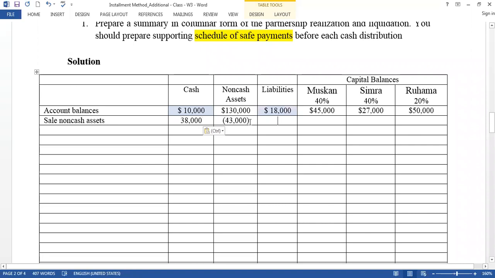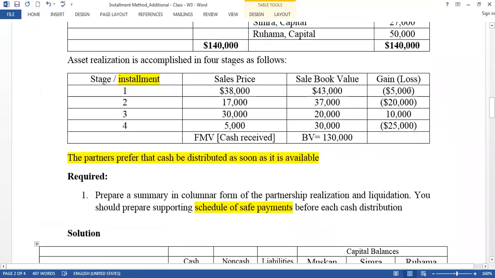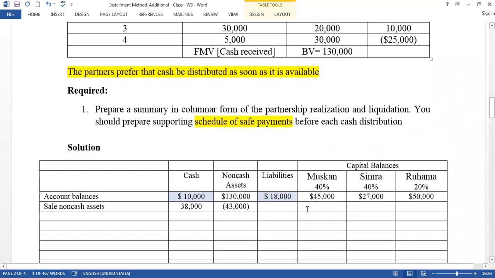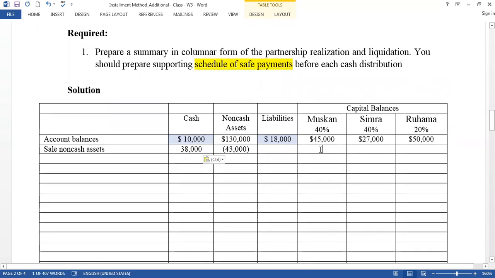Now we find that in this schedule, this installment, we have a loss. And the loss is going to be distributed to the partners' capital based on 40, 40, and 20. And loss is bad news. Why is loss bad news? Because loss decreases their capital. You have to absorb the loss. When you absorb your loss, your capital is going to decrease.